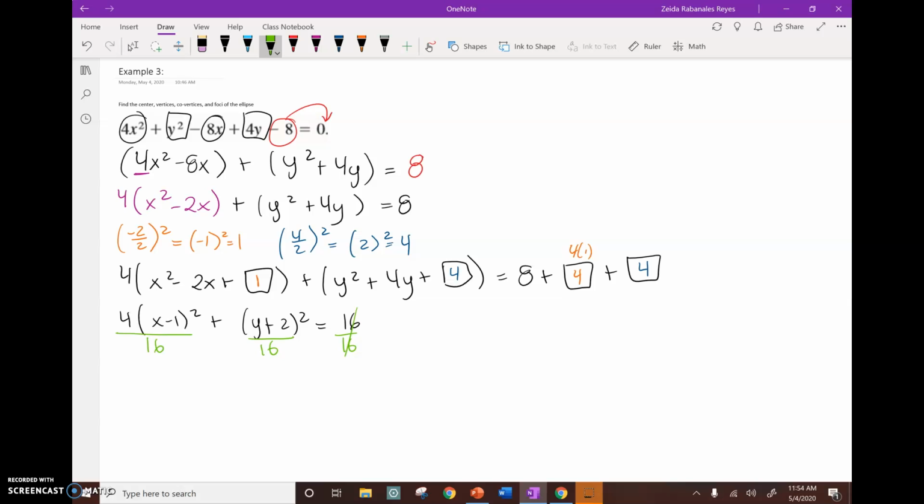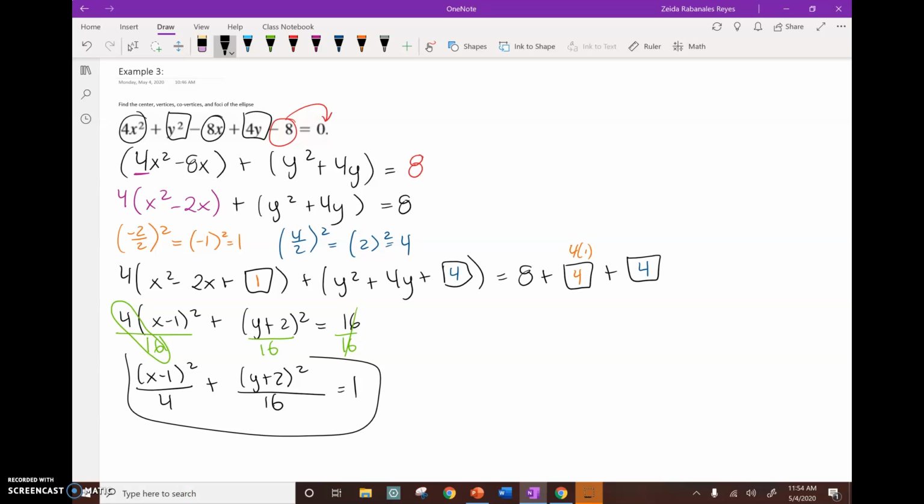These cancel, these simplify, and that one stays. So then I have (x minus 1)squared over 4 plus (y plus 2) squared over 16 is equal to 1. And now I can figure out the rest of the information.